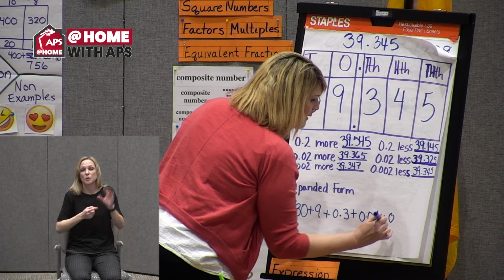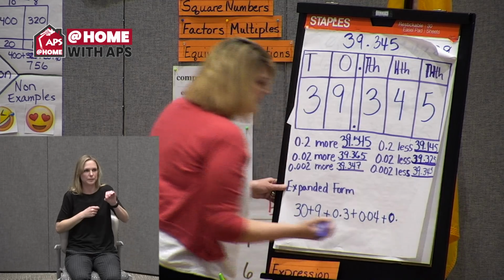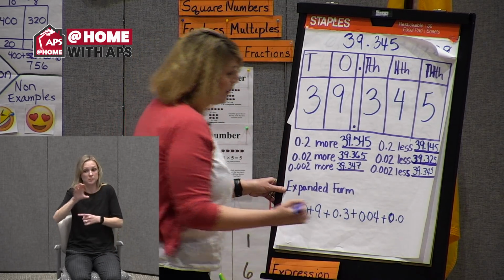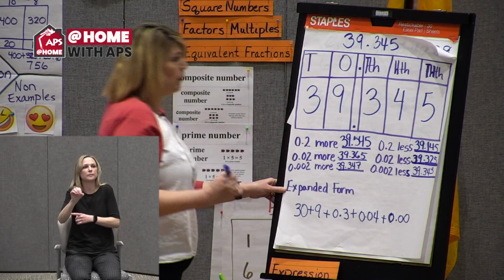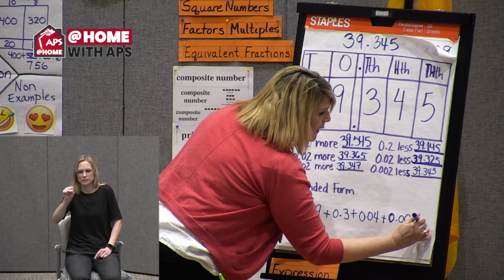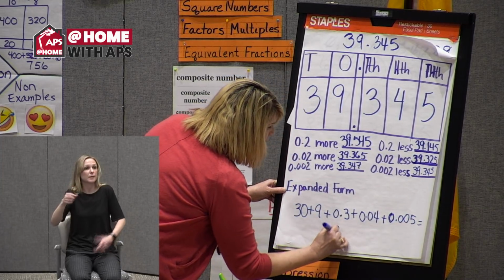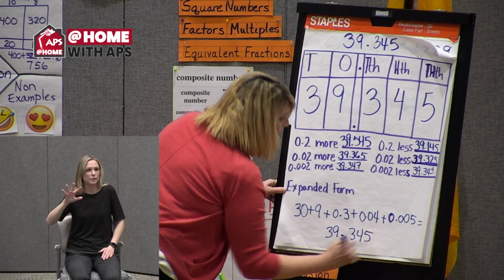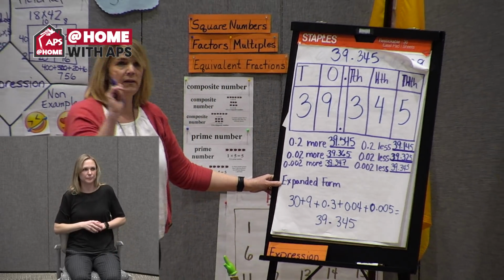We don't have any ones. We don't have any tenths. We don't have any hundredths there. So we need to make 5 thousandths by adding our 5 there, and that makes our number 39 and 345 thousandths.